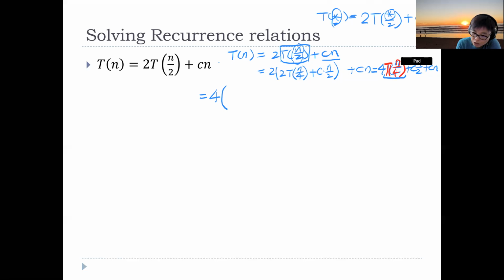T of n over 4 equals, using the same formula, twice T of, the size has to be cut by another half, so n over 4 divided by 2 is n over 8, plus C times the current size, which is C times n over 4. Oops, I made a mistake here. When I take this one out, it's n over 2 multiplied by 2, so this 2 disappears. Here I wrote it wrong.